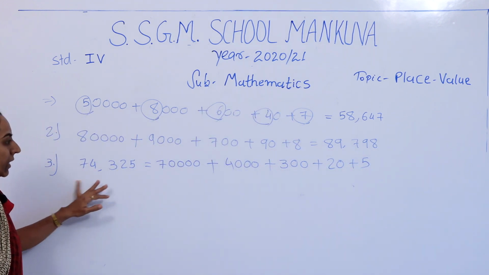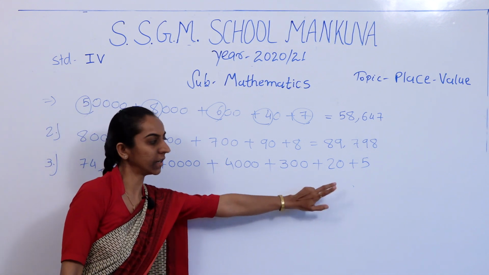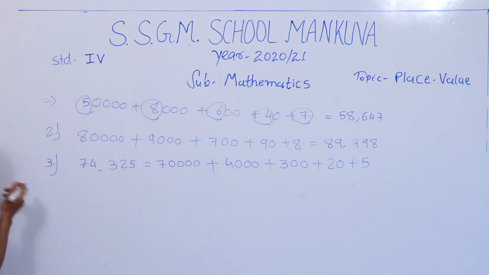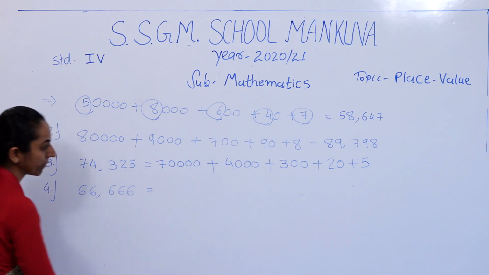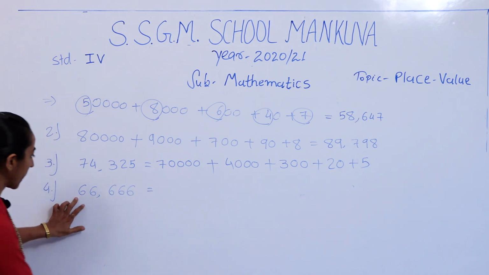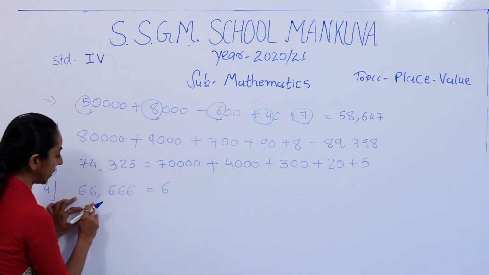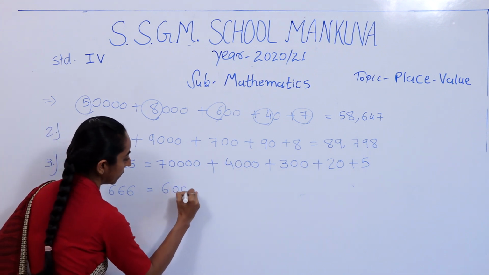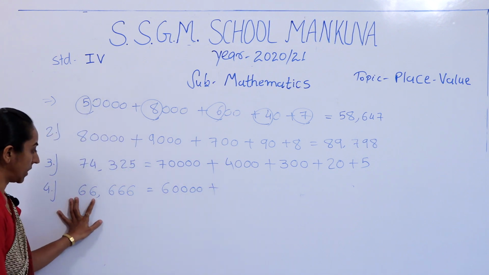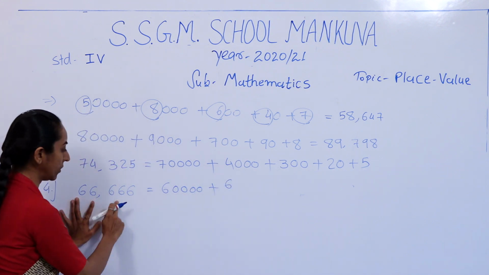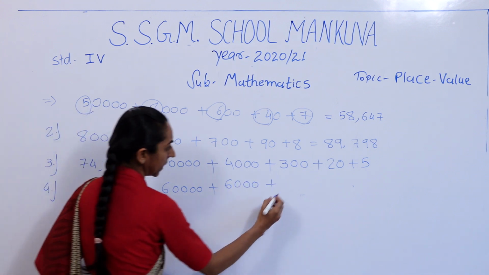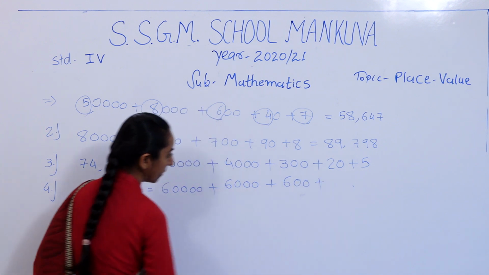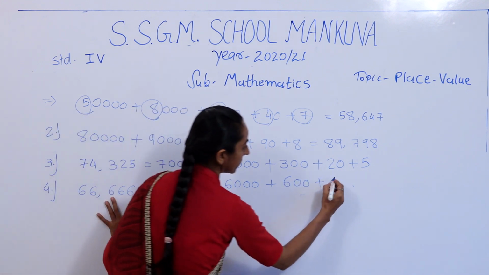Okay, 74,325. This is the expanded form. Next, another example, 66,666. Now write the expanded form. 60,000, counting 1, 2, 3, 4, plus this 6,000, right? 1, 2, 3, plus 600 plus 66.